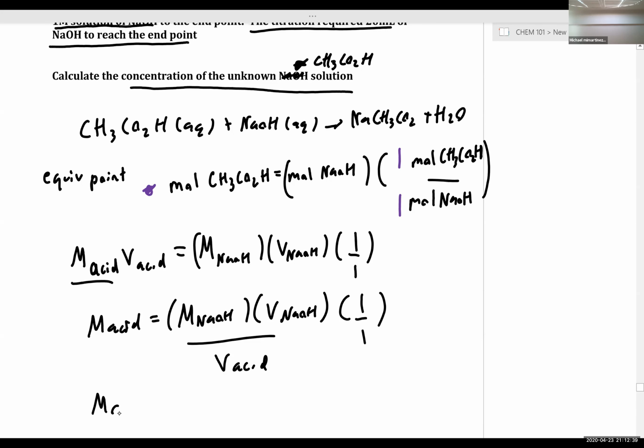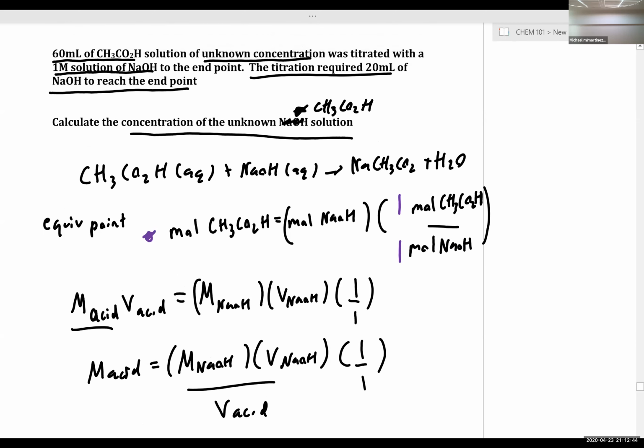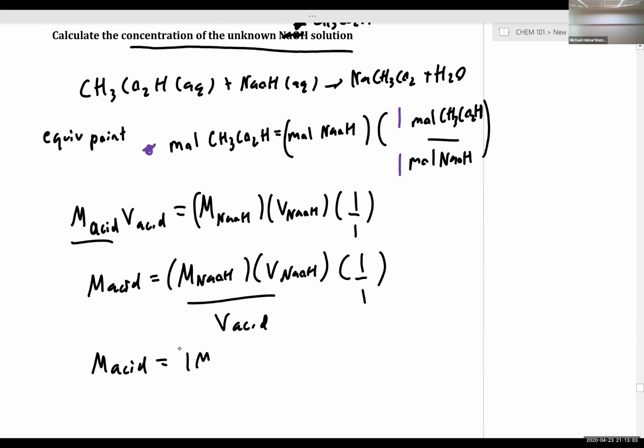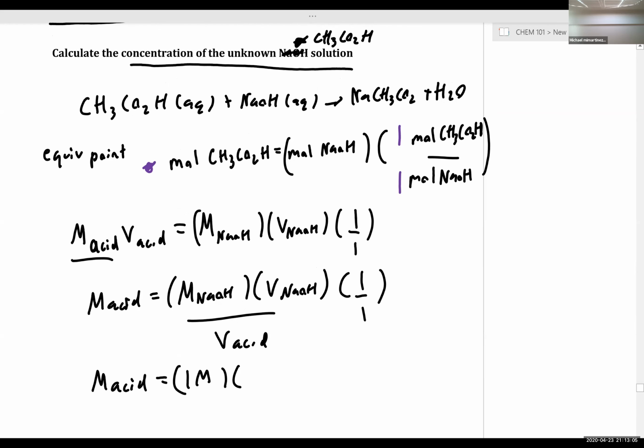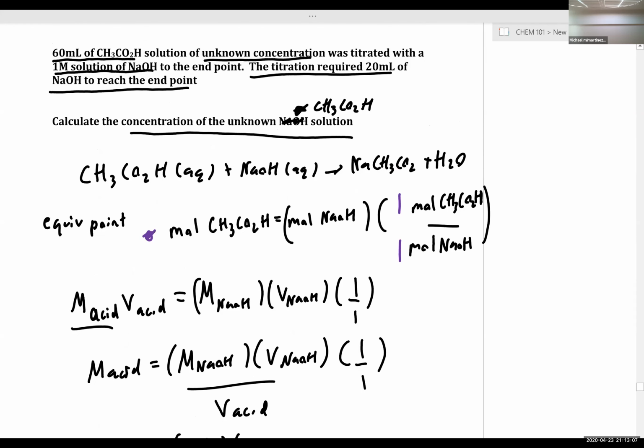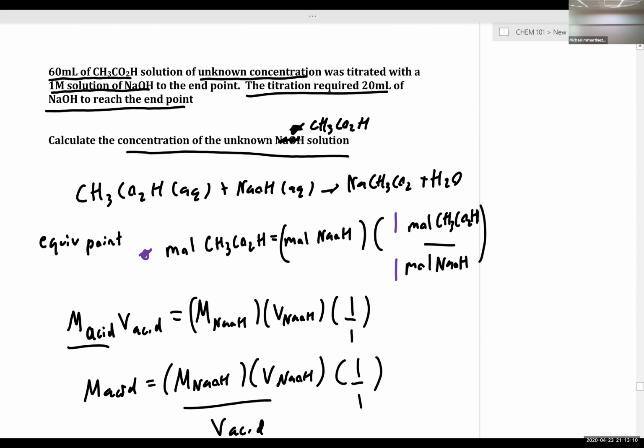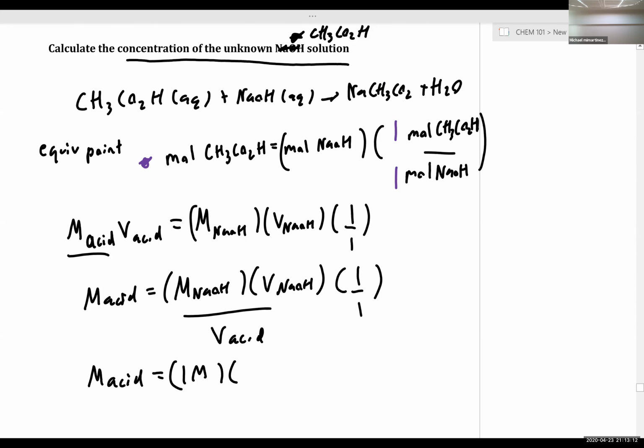Okay, so then the molarity of our acid, I'd like you now to tell me, reading off this problem, what is the molarity of our sodium hydroxide? What's the concentration of our sodium hydroxide solution, just reading through the word problem given? 1 molar, exactly right. Okay, let's keep going. What is the volume of sodium hydroxide? 20 milliliters.